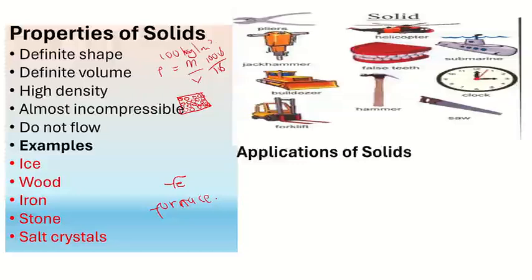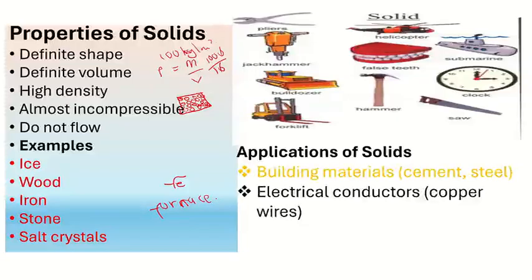Now, what do we use solids for? They can be used for a lot of things. We can see it on the board: pliers, jackhammer, bulldozer, forklift, hammer, saw, submarines, teeth, whatever, everything you can think about. We have them in solid form. Building materials, cement and iron rods, the steels, they are solids.